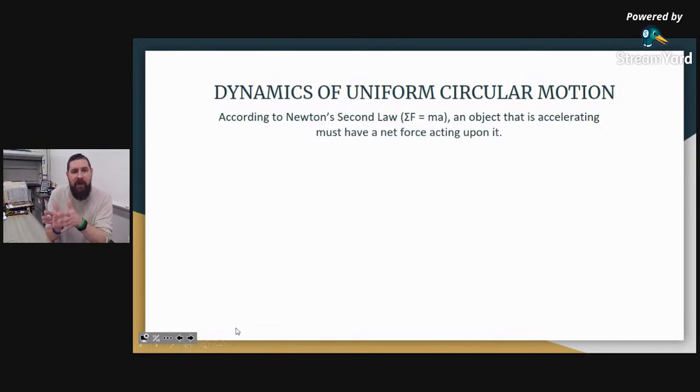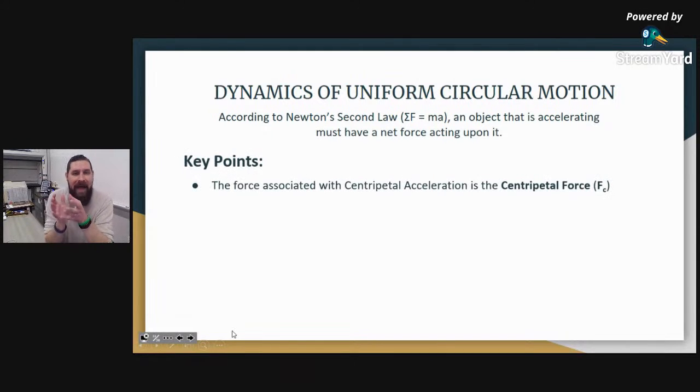So if I've got centripetal acceleration acting towards the center of the circle, then I have a force also acting towards the center of the circle. That force that's associated with centripetal acceleration is centripetal force, or the center-seeking force. We symbolize this as F sub c.